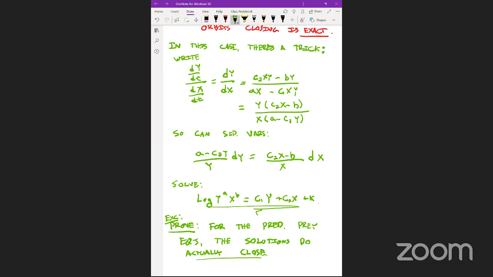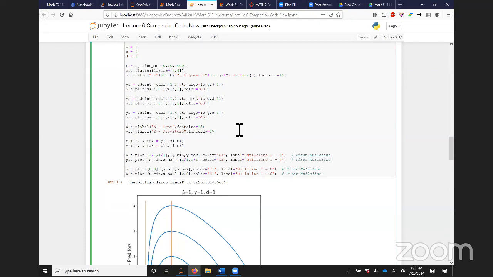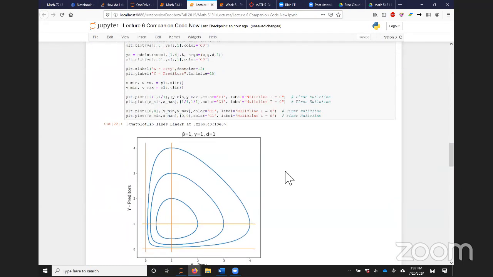So let's just take a second and go back to our simulations. Well, for the predator-prey equations, this is actually what we get.